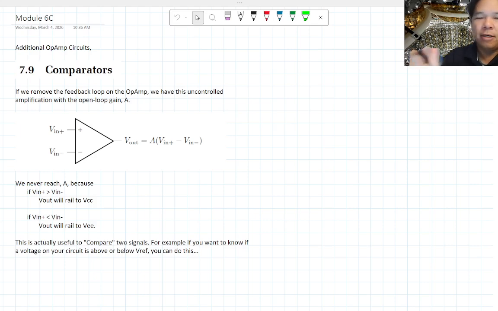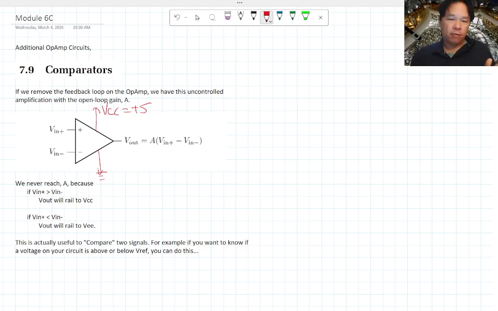Hopefully that makes sense. You can do this pretty simply. Let's say you have a voltage VCC, let's say that's plus 5 volts. And if we're using one of the op amps that doesn't require a split supply, we can put this to ground. For the LF411, you do need a negative 1.5 at least, but for the LM358, you do not.